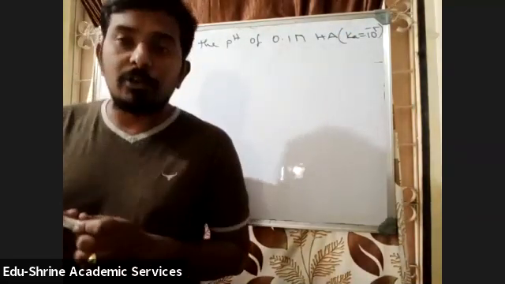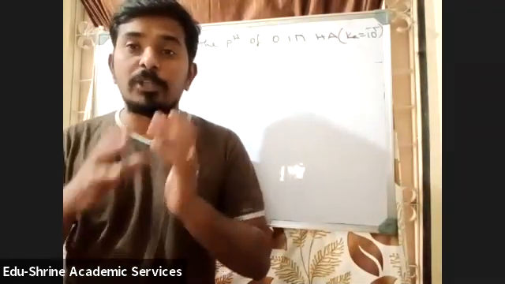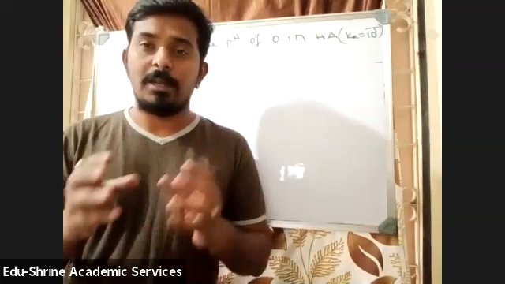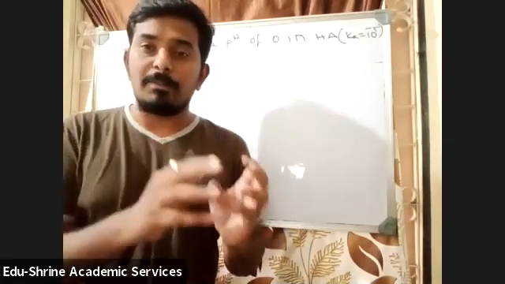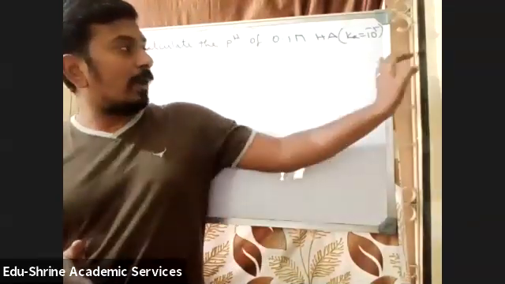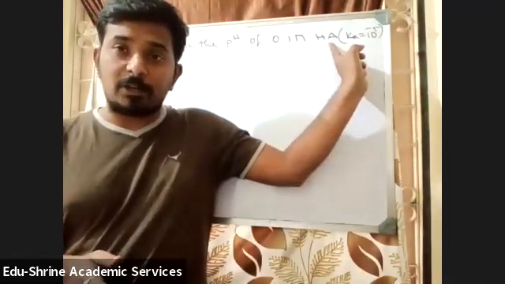So the only thing you need to know is, immediately after seeing a question, you need to identify to which concept it belongs. Whether it belongs to strong acid or strong base or weak acid or weak base or mixture of strong acids or mixture of strong bases. So how will you come to know to which case it belongs? There is only one substance present, that is HA.